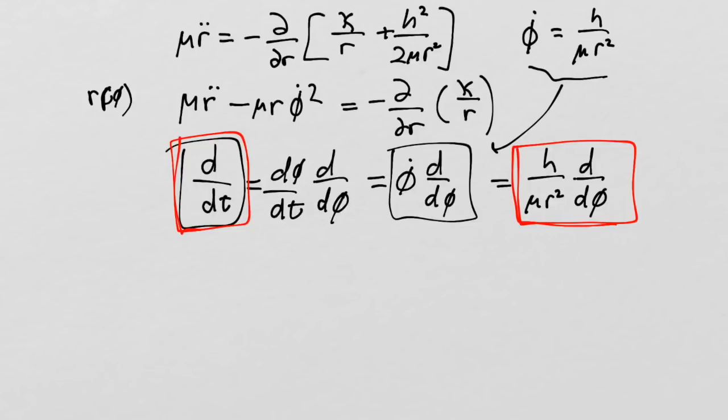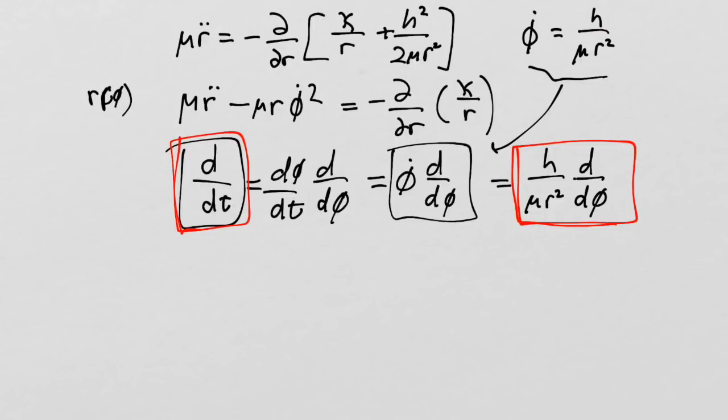And now with that, I can take this expression, and everywhere I see a dot, I can insert this, and I can convert this equation from an equation where the independent variable is time to an equation where the independent variable is phi. And notice I could only do that because I had a constant of the motion. You can't emphasize how important these constants of the motion are.